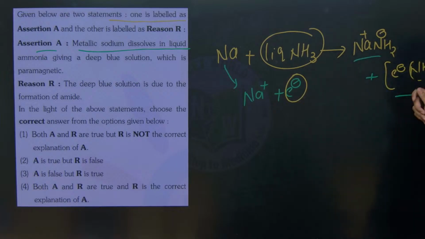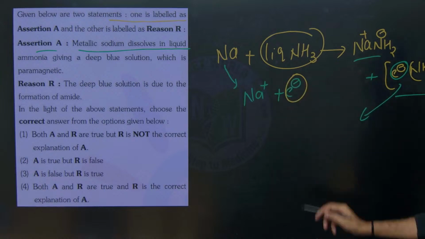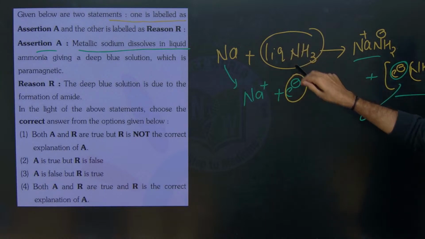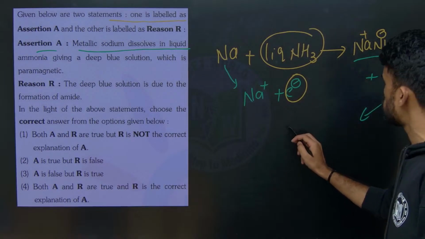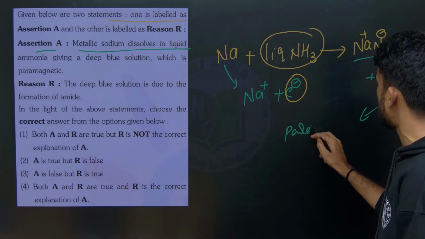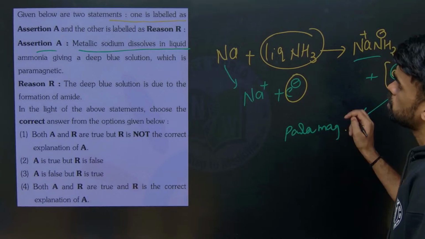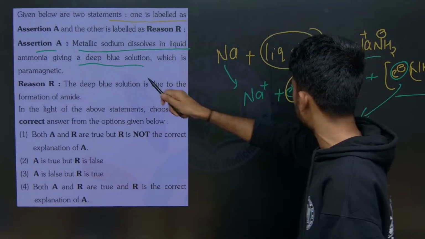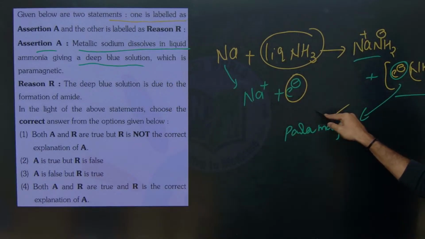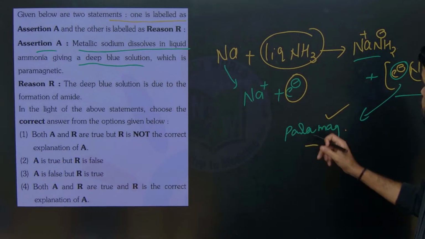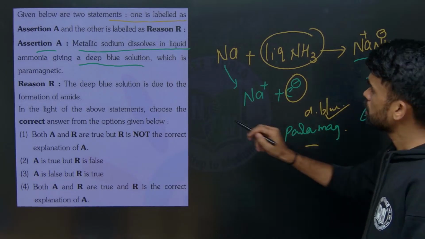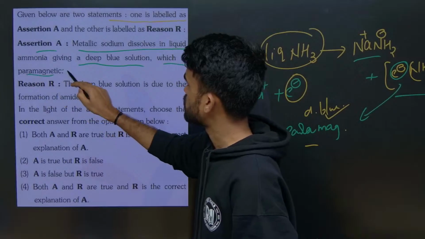Due to this electron which is released from sodium and surrounded by the solvent, liquid ammonia, the solution shows paramagnetic nature. What they are asking here: sodium dissolves in liquid ammonia giving a deep blue color. This paramagnetic solution has a deep blue color, so this is correct.